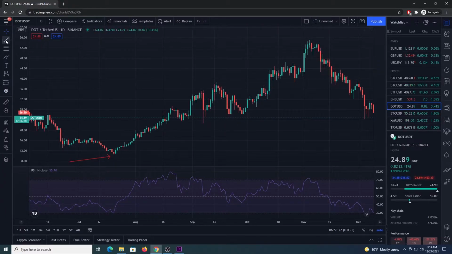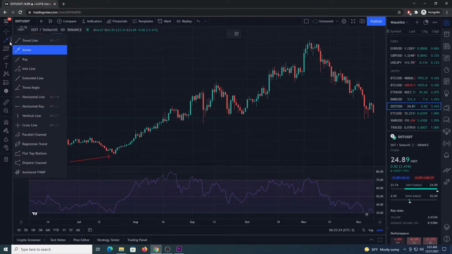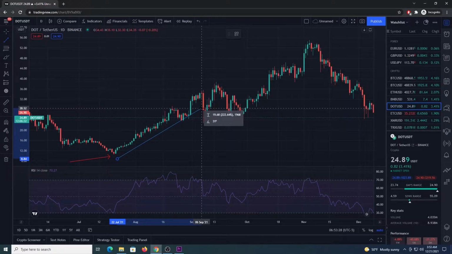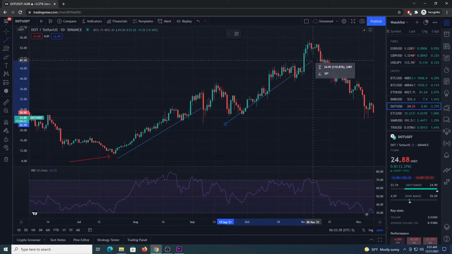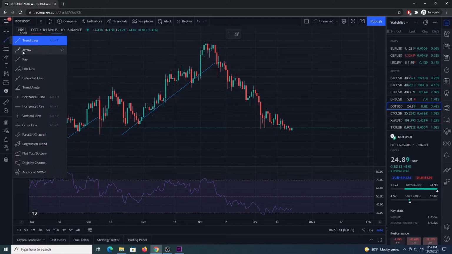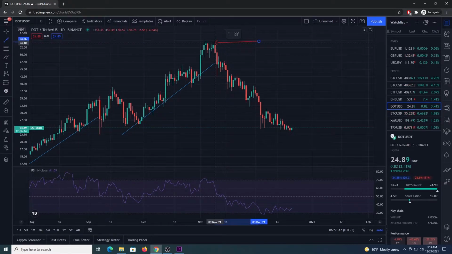Okay? We can use some lines, for example, to better illustrate. So we have trend lines. So we see, okay, if the price doesn't cut the line, then we see that there is a continuation in that trend. We can see another line here, for example. Okay. Now it comes to another point where we see something happening.